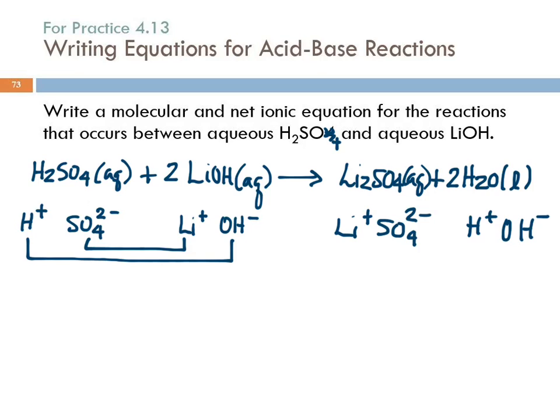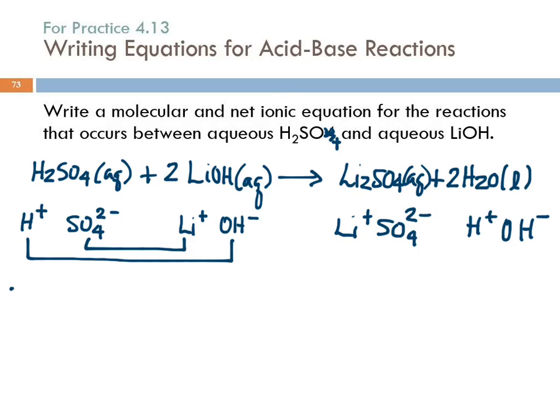Now we're supposed to write the net ionic equation. Well, here I already have my ions written out. So what we need to do is figure out which ions are not involved in a change. There's a couple of different ways to approach this. Since we're still in this chapter about net ionic equations, I'm going to just sketch out the total ionic equation, or the complete ionic equation.